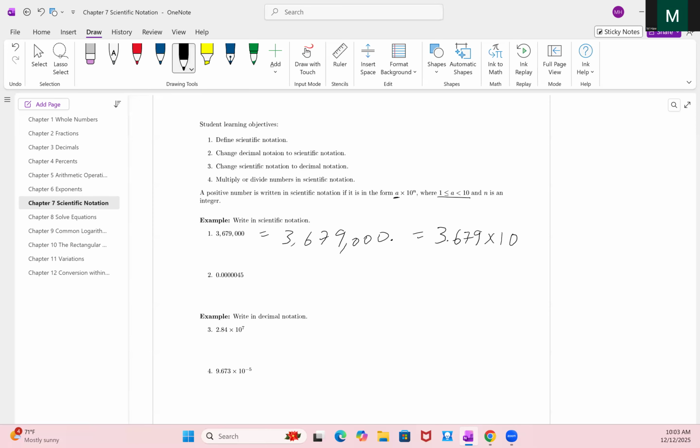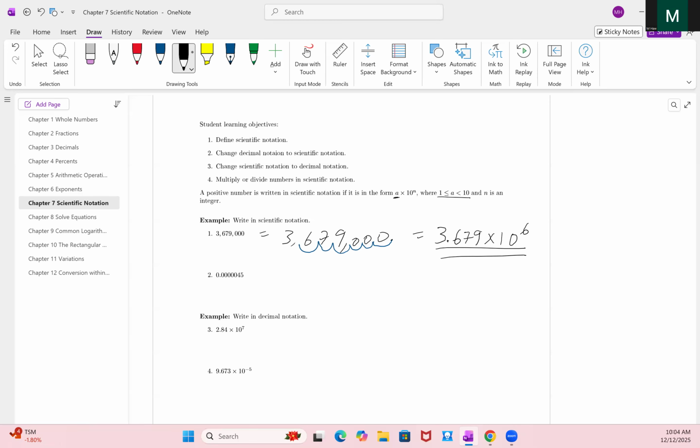Since we moved it to the left, the exponent of 10 is the number of places that we moved it: 1, 2, 3, 4, 5, 6. So this is to the power of 6, and this number is written in scientific notation.